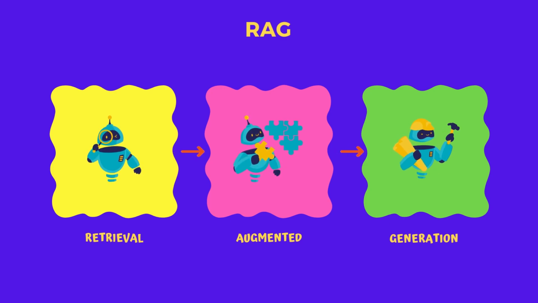You can think of it as a puzzle expert who is creating a clear picture. Finally, the generator, which is often a large language model like Gemini, which crafts a comprehensive answer. It's like having a brilliant storyteller to explain it all.